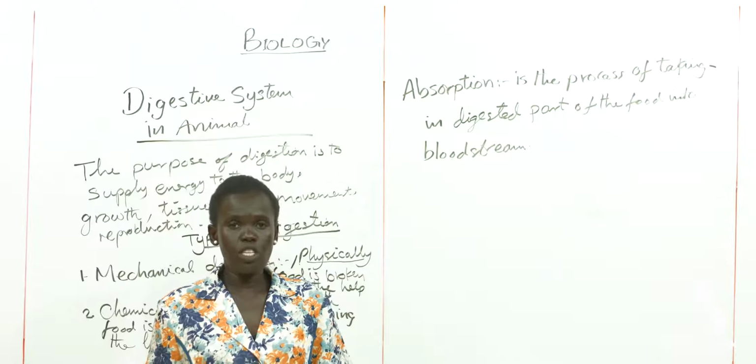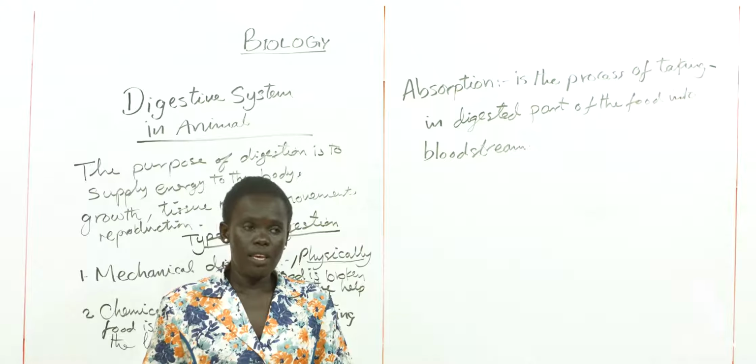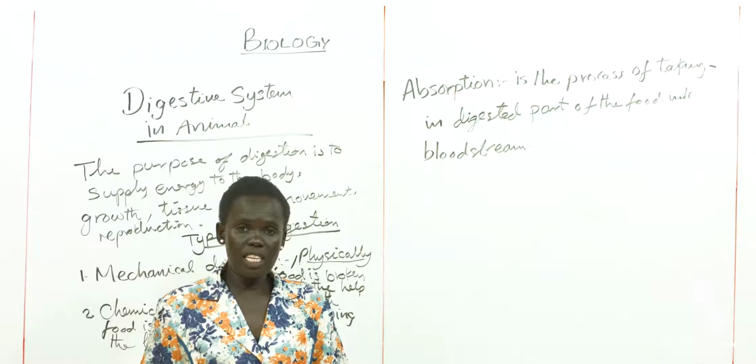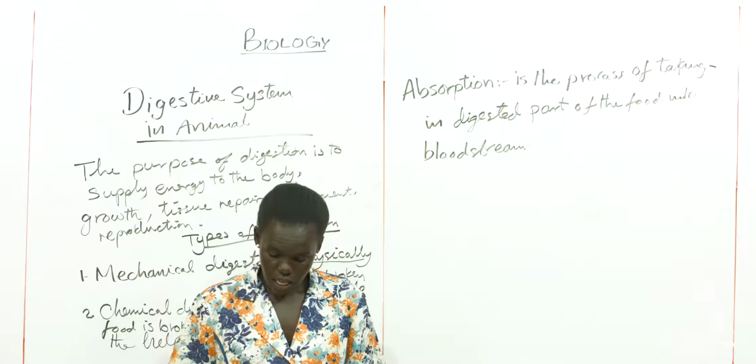That's why the food needs to be digested so that it can be absorbed into the bloodstream, so that the stored chemical energy can be released to carry out many activities.